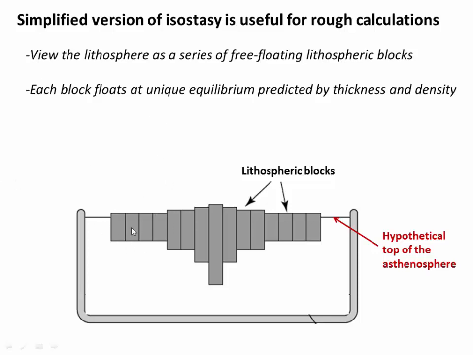Here's an area of thinner lithosphere and an area of thicker lithosphere. And we're going to let each block float at some unique equilibrium that's predicted by its thickness and its density. Okay? So we're essentially going to be calculating how high one of these blocks is floating above or below this hypothetical top of the asthenosphere.